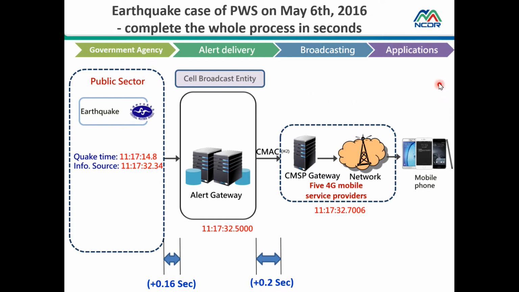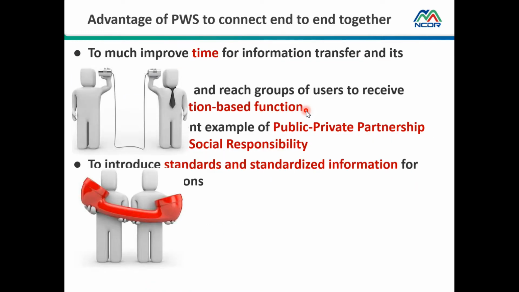Usually for a 4G user from the gateway to the mobile phone might take 5 seconds. But for a 3G user, right now, according to some results, it might take 10 seconds. So in case we operate this system for earthquakes, all the action is counted by seconds.